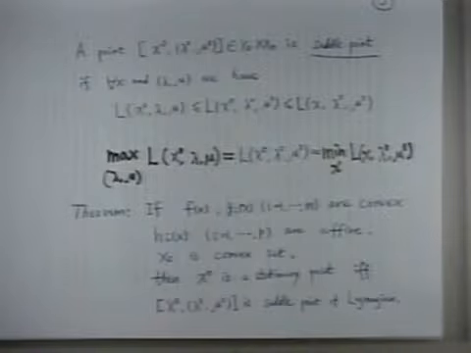then you can say this x0 is a stationary point if and only if this x0, lambda 0, mu 0 is a saddle point of the Lagrangian function. So what's the implication of this? Originally, you have a convex minimization problem, right?